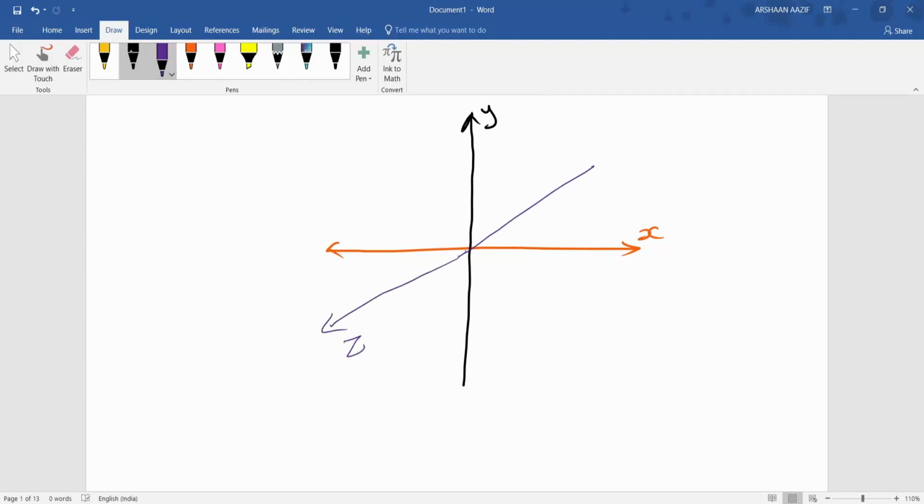Now, if there is a force acting somewhere here, the force will make an angle gamma with the Z axis, alpha with the X axis, and beta with the Y axis. This is where a three-dimensional force acts.